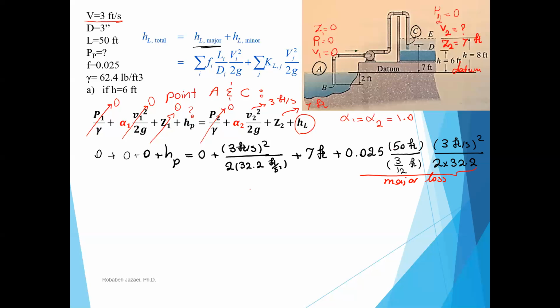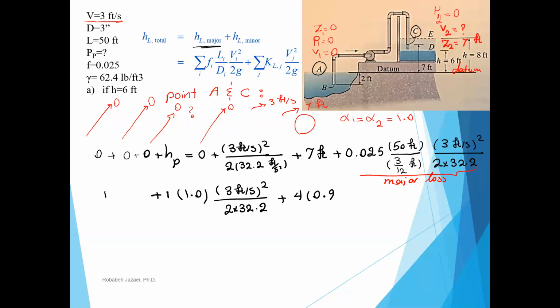So I have one reentrance, so it's plus one reentrance. The KL value for reentrance is 1.0, times V squared, so it's 3 feet per second squared over 2g, which is 2 multiplied by 32.2. We have 4 elbows, so it's 4. And what is the KL value for elbow? It's 0.9.